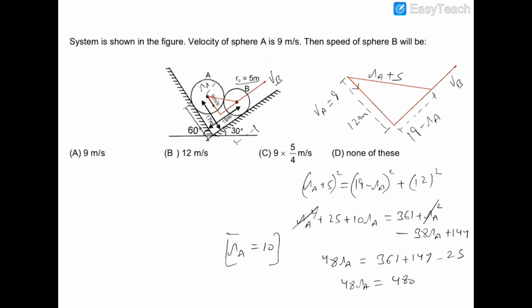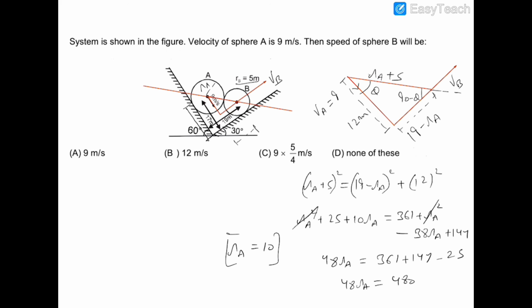And now we have to resolve the velocities along the normal, and the normal is this one. Let's suppose this angle is theta and this angle is 90 minus theta.